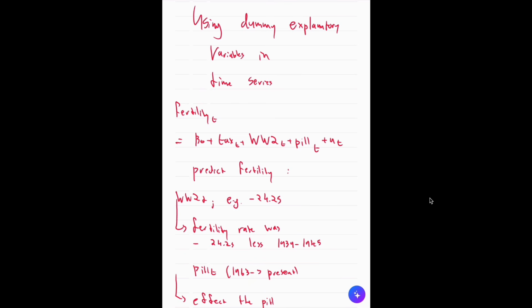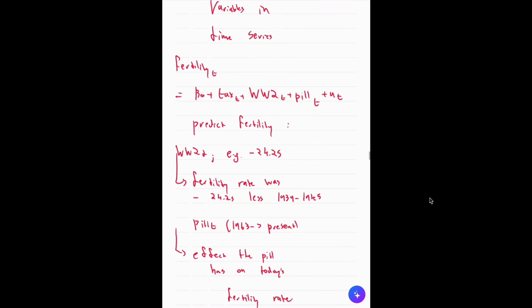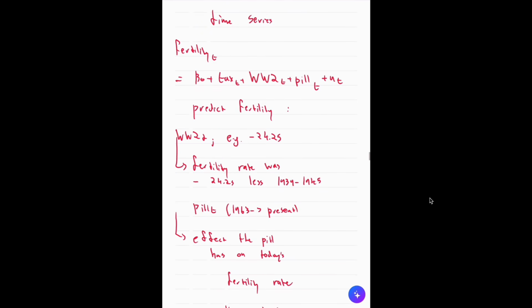So now let's quickly look at how to use and interpret dummy explanatory variables in time series. Let's look at, for example, the fertility rate in year T explained by a constant, plus, let's say, a tax exemption in the current year, plus a dummy for World War II, plus a dummy for the years in which the contraceptive pill was available, plus an error term.